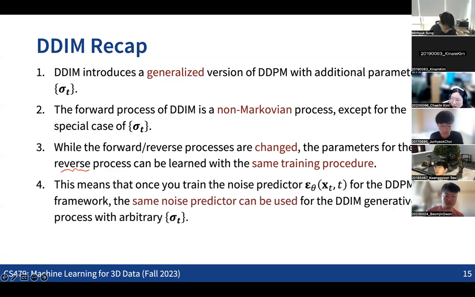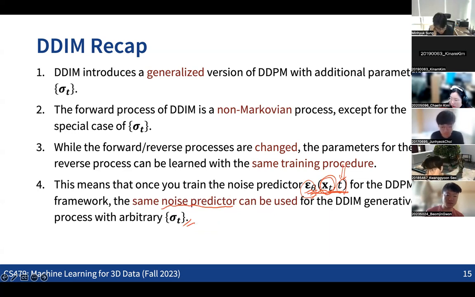So if we train the noise predictor, this network taking the noisy input and the time step t and predicting the noise that was added to make x_t, in the same way as the DDPM, we can directly use the same noise predictor, which was trained for the DDPM, for any DDIM generative process, for any sigma. That's the most important effect.